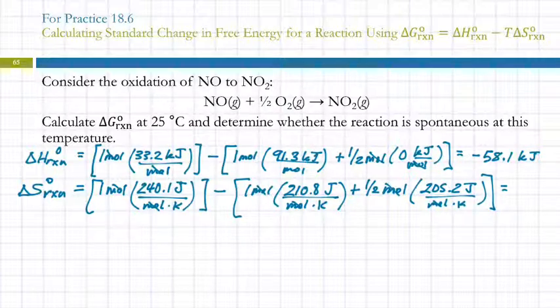It's the same for both of them. Yay! So I got 240.1 minus 210.8 minus 0.5 times 205.2. I'm getting minus 73.3. And that's joules per Kelvin.